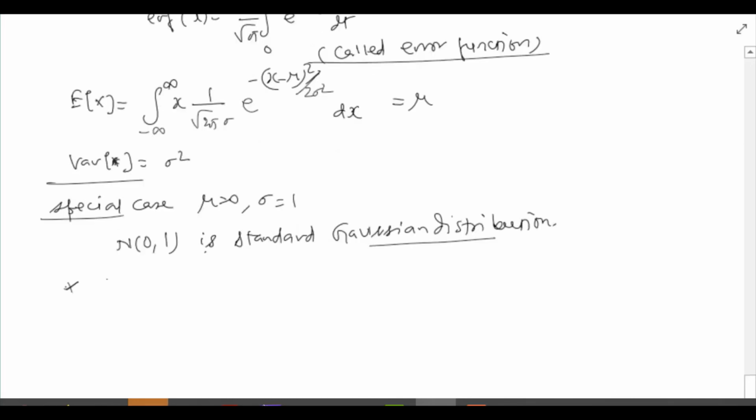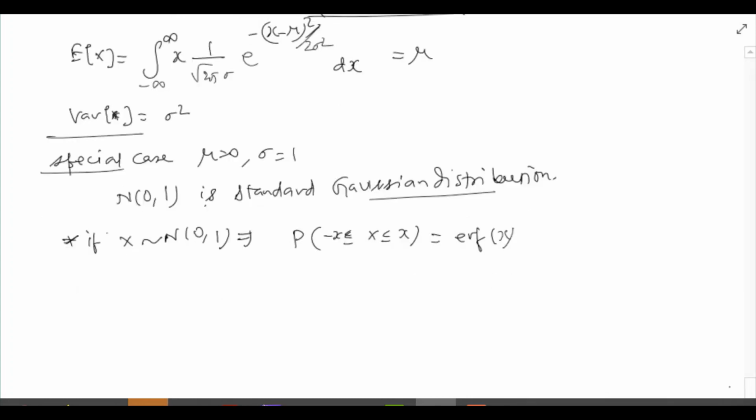Here are a couple of facts about Gaussian distributions. If x is standard Gaussian, then the probability that x will take values between minus small x and plus small x turns out to be equal to the error function of x.